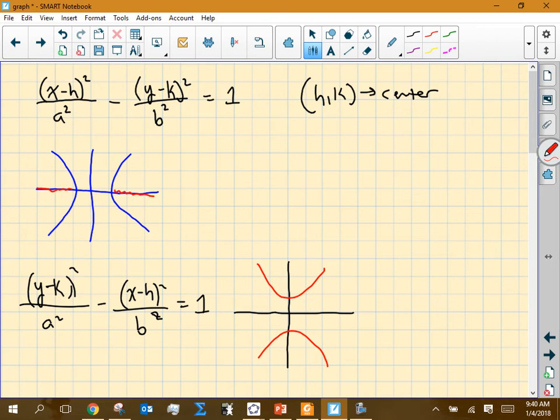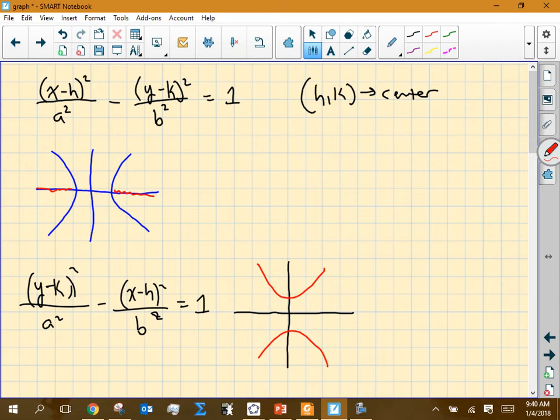Okay. Now, how do we remember this? How do we know visually from the equation whether we open left or right, or if we open up or down? And it's that first variable. As you look at it, the first thing you want to distinguish is it a plus sign or a minus sign in the middle? That tells me ellipse or hyperbola.